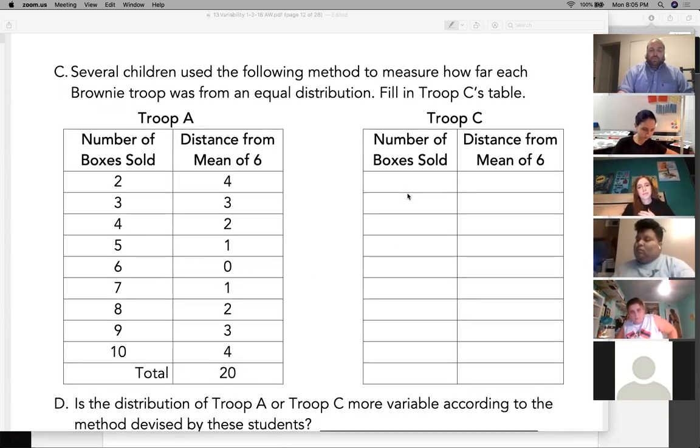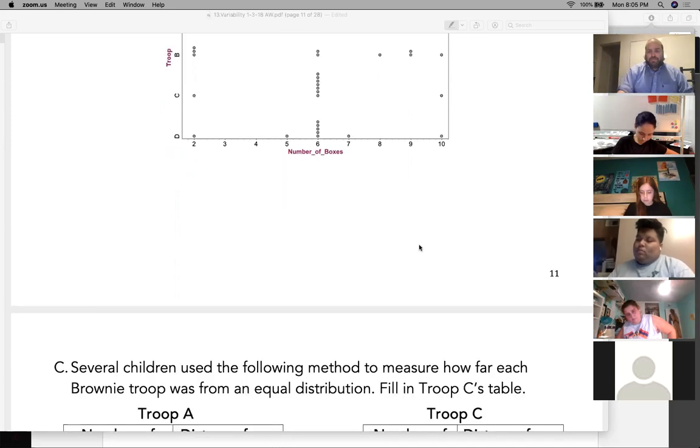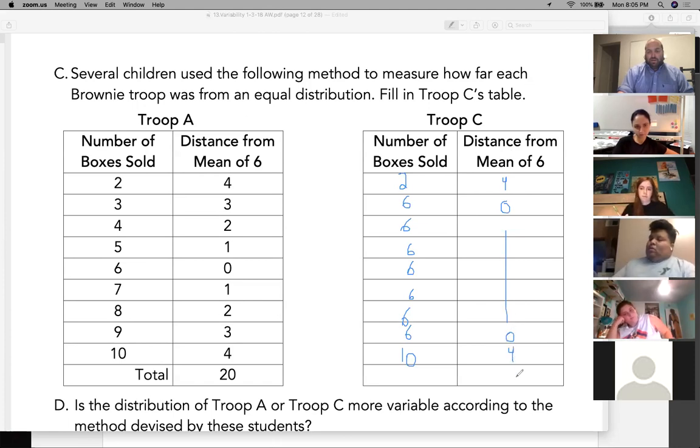So Troop C, if you want to go ahead and fill it in, was 2, seven 6s, and 10. The distance from the mean of 6 was 4, and zeros, lots of zeros, and 4, for a total of 8.